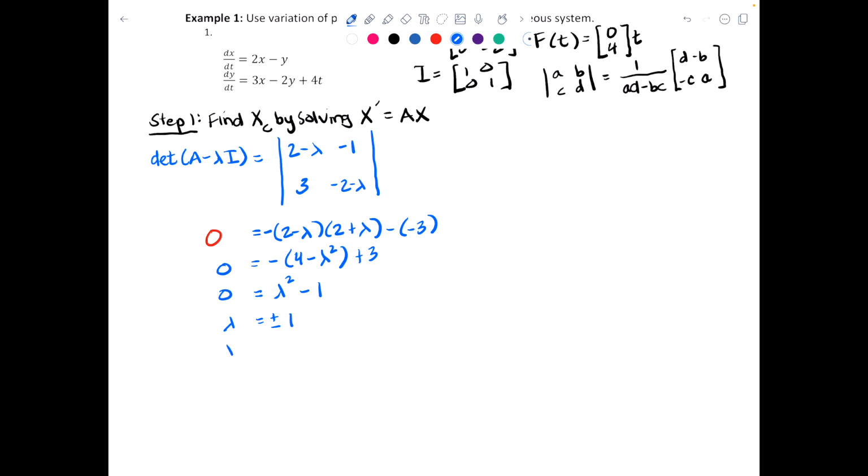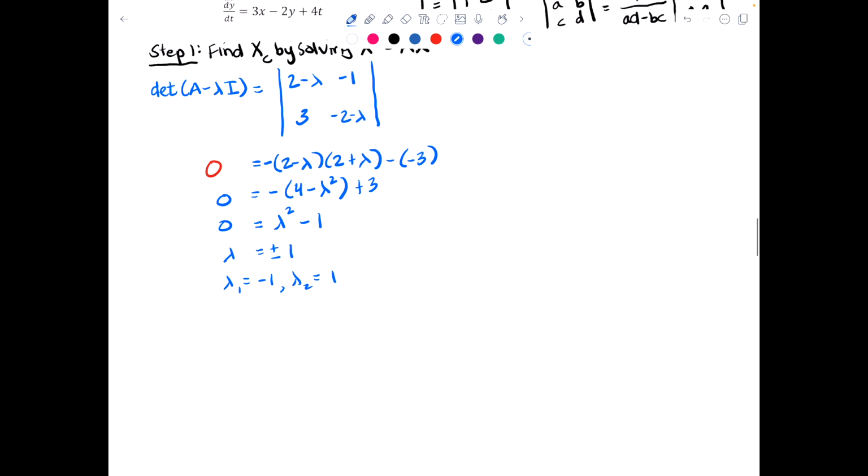So let's say that lambda 1 is equal to negative 1, and lambda 2 is equal to positive 1. So we found the eigenvalues. So this section was eigenvalues.